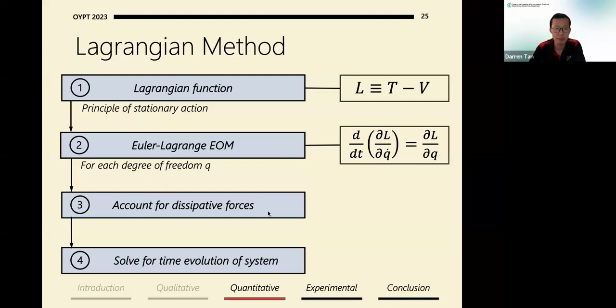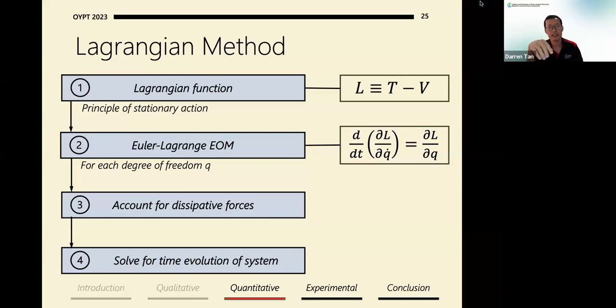The Lagrangian method is a bit more like the energy method, in the sense that this Lagrangian function, as she has shown here, L equals T minus V, is the difference between the kinetic and potential energy terms, right? And because force is also related to the potential, there's some calculus going on there.